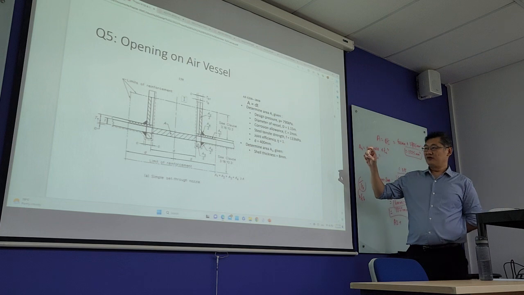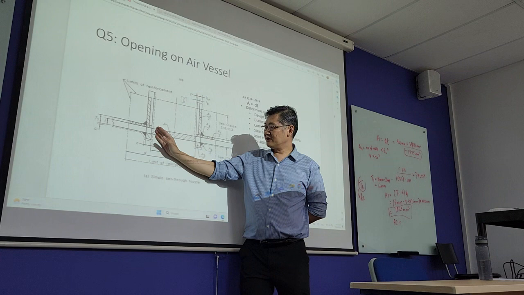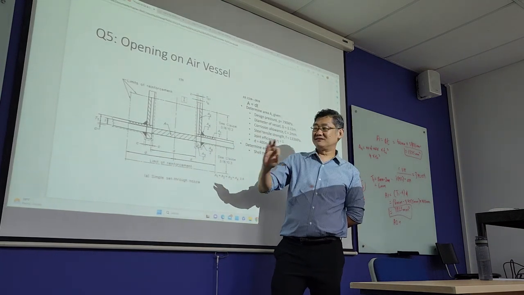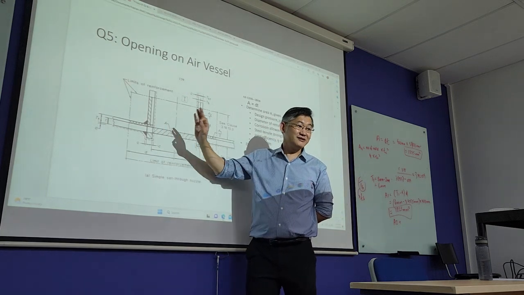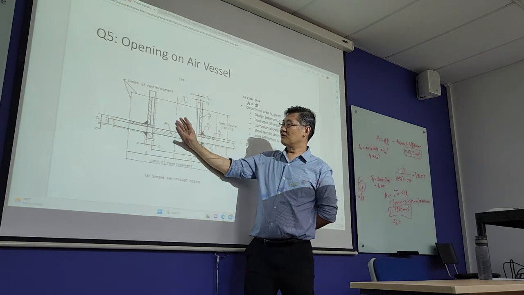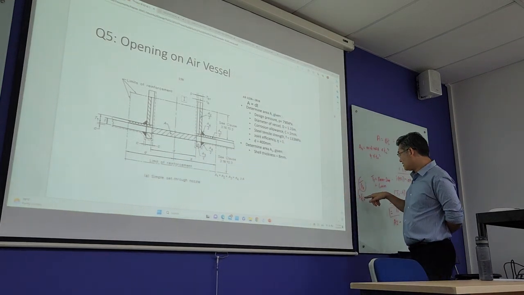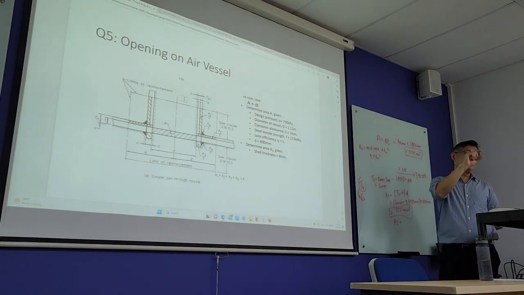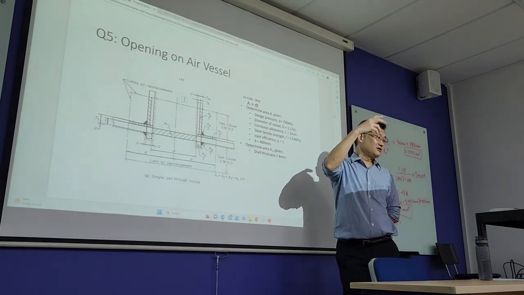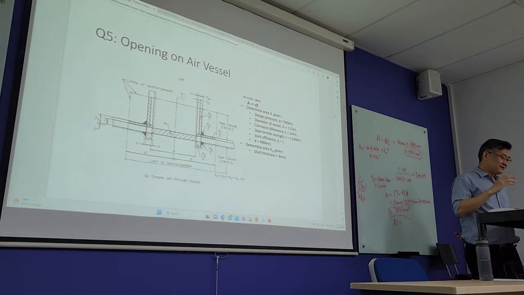That's why with this thickness we are able to compensate. Although we cut away this opening, the excess material is able to compensate. This is the idea of this question: we find A1, A2, A3, A4 or A5 to compensate the cut-away area A. The smaller t, the thickness that can withstand pressure, makes the difference, so we have excess material to compensate.